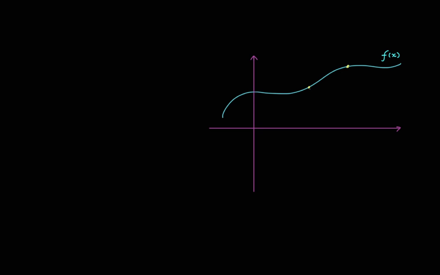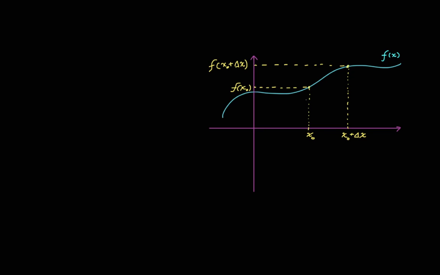So we're interested in the slope between these 2 points because that's telling us the rate at which this function is increasing or decreasing with respect to the change in the x value on our horizontal axis.